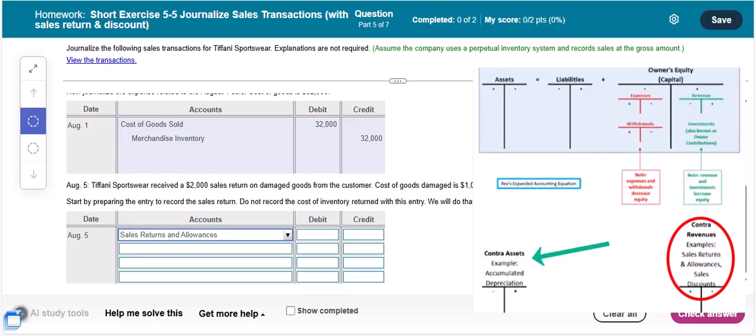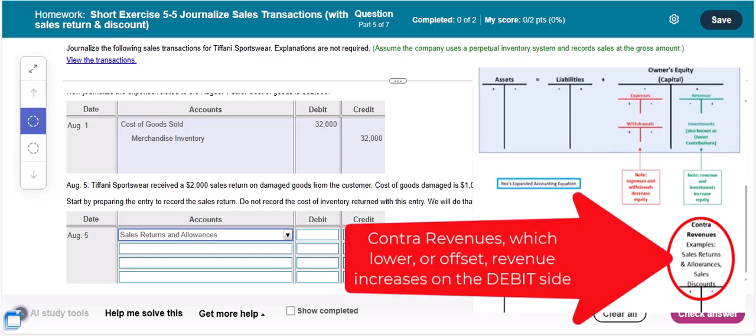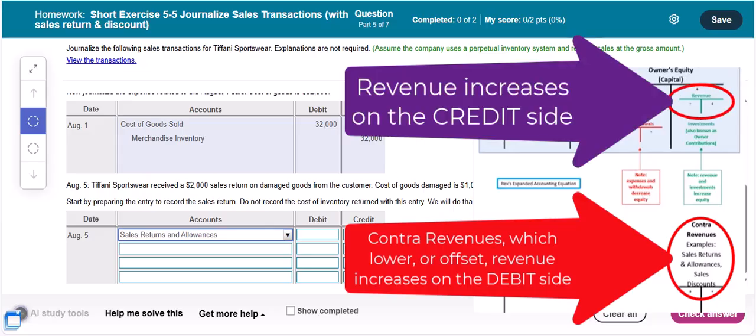We have contra assets, which is the accumulated depreciation. We don't have to worry about that for this problem. But here's our contra revenue accounts showing you the pluses and minuses. Remember up here, revenues increase on the right side, and contra revenue means it lowers revenue. So its pluses and minuses are opposite.